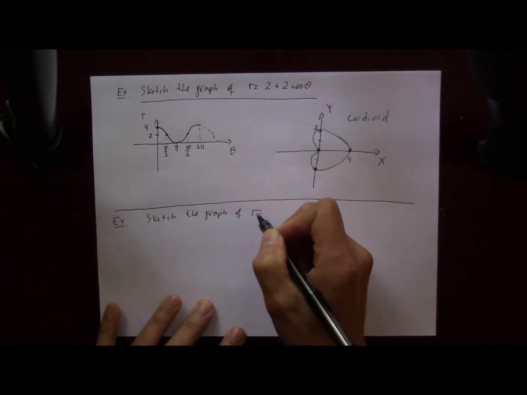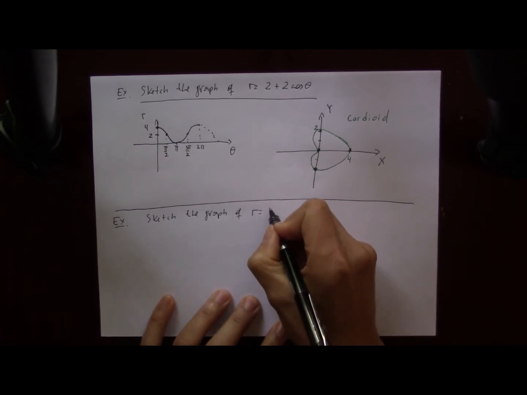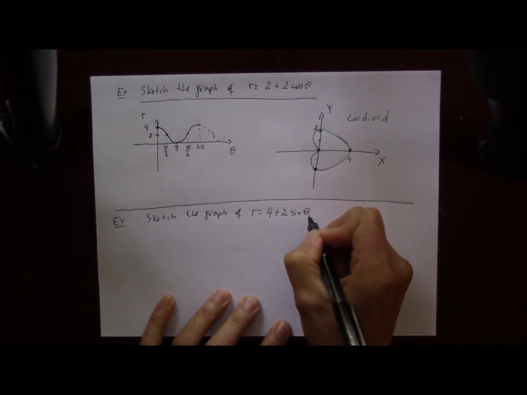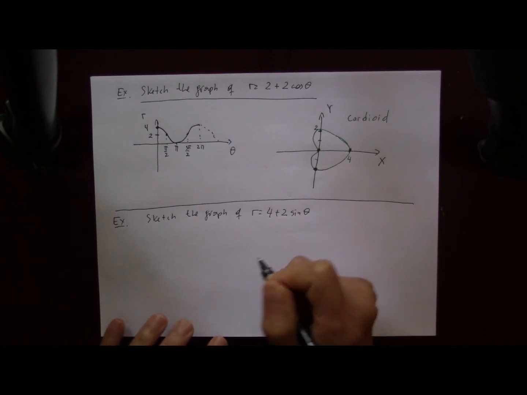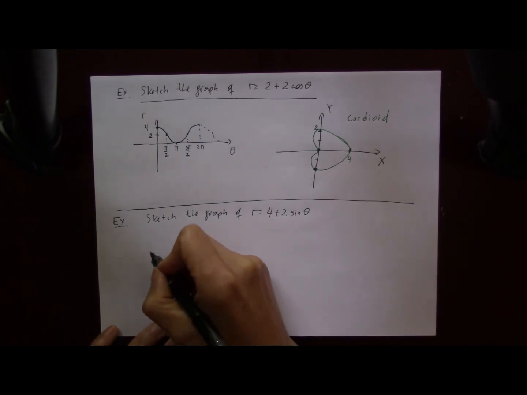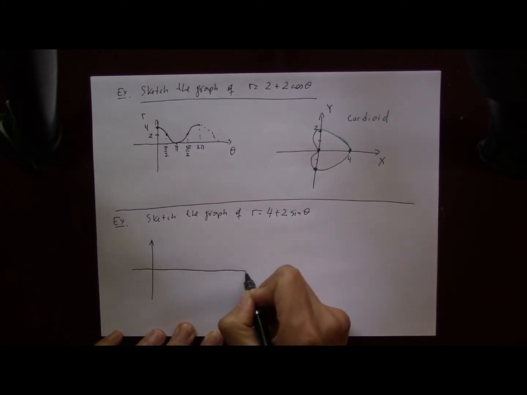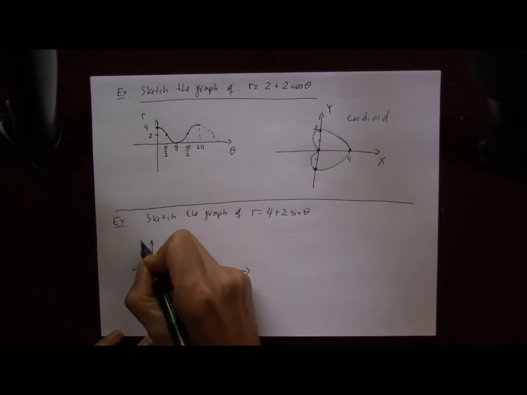r equals, say, 4 plus 2 sine theta. We'll start doing the same thing as we did before. We sketch a graph on the r theta plane.